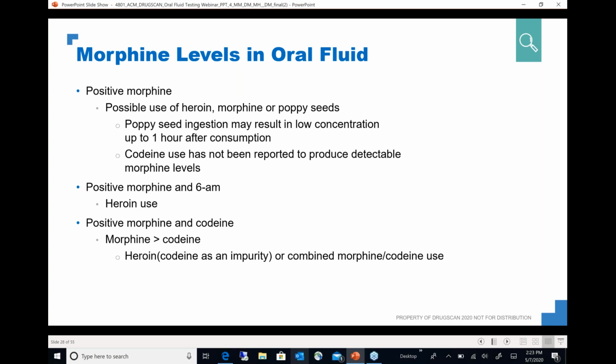If you see positive morphine and 6-AM, it's indicative of heroin. Positive morphine and codeine, morphine greater than codeine, maybe heroin, or combined morphine and codeine use. You'll have these slides to refer to if I'm confusing you, which I apologize.